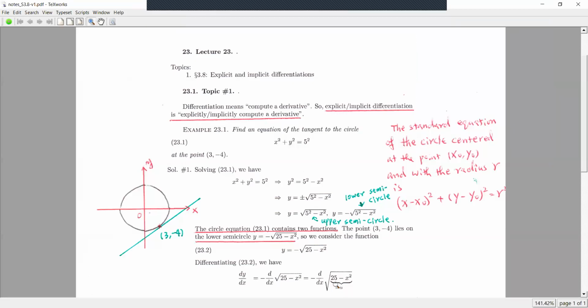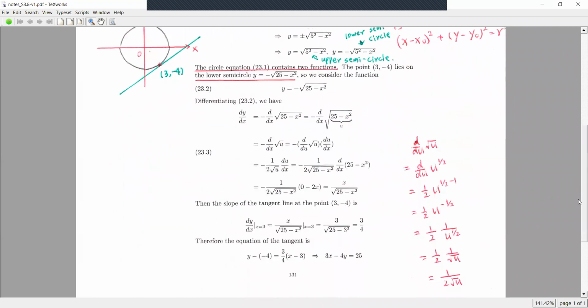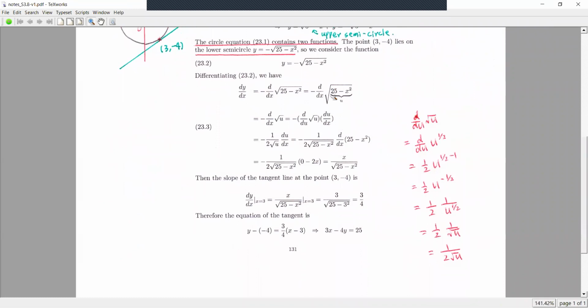Let u be 25 minus x squared. Then the function becomes just square root of u. Now we need to compute this derivative.